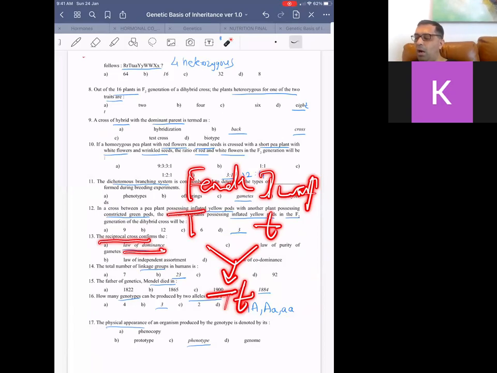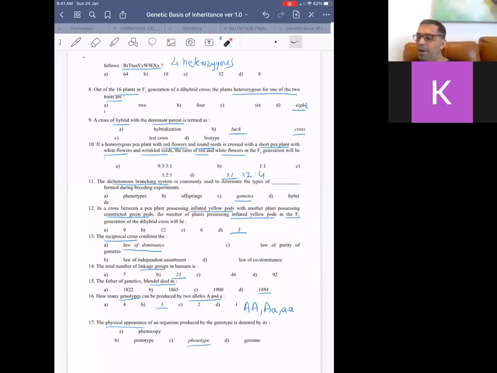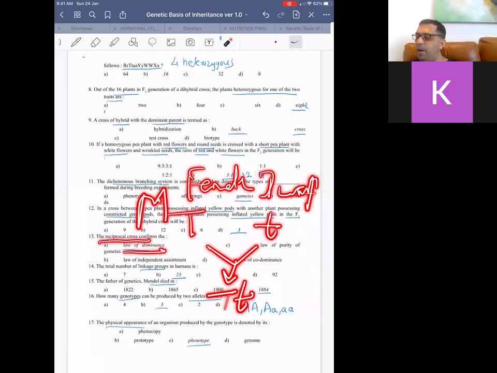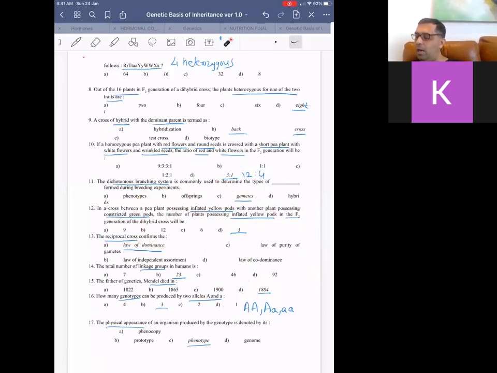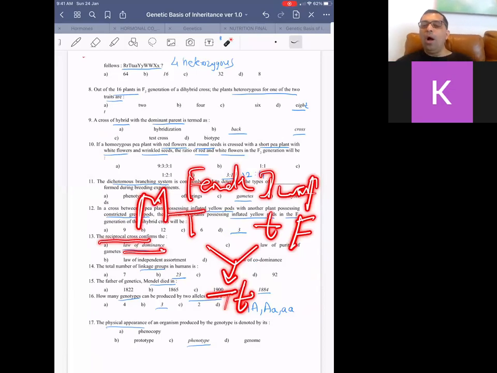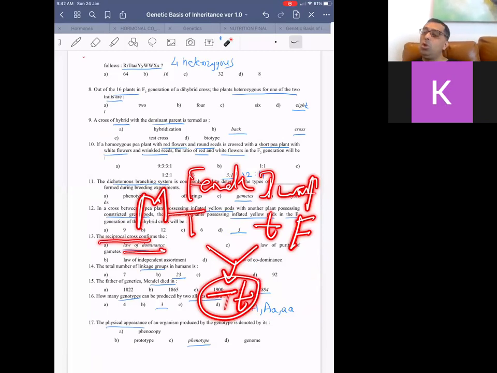Now you do ulta. You do tall plant as male and dwarf plant as female. तो आपको F1 generation में आएगा capital T small t. Still the plant will become tall, but that is now called as a reciprocal cross.